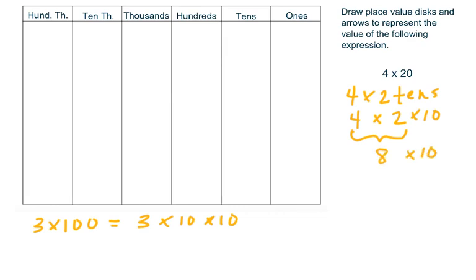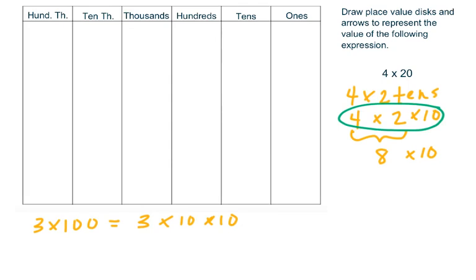But how would that look in the place value chart? We've done the math, the arithmetic, but how would that look in the place value chart? So what I want us to do is focus here on this one right here. We're going to look at this, 4 times 2 times 10.